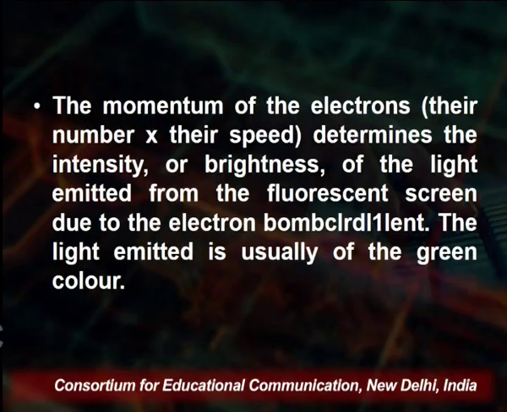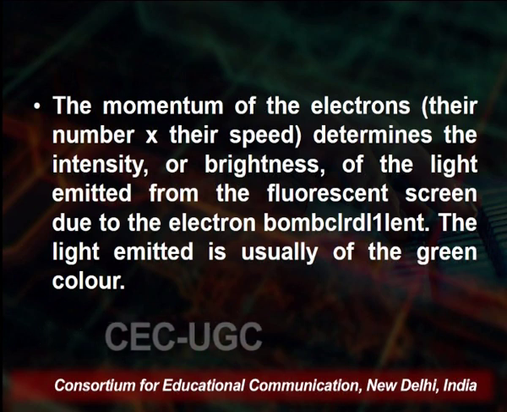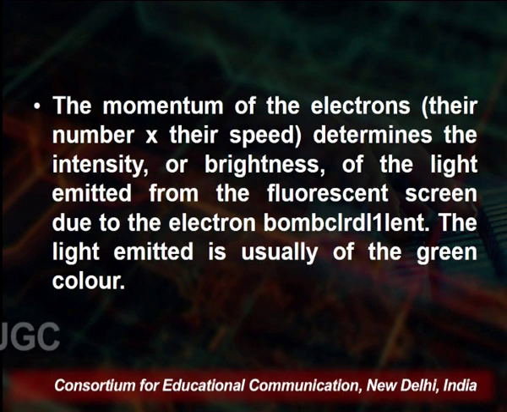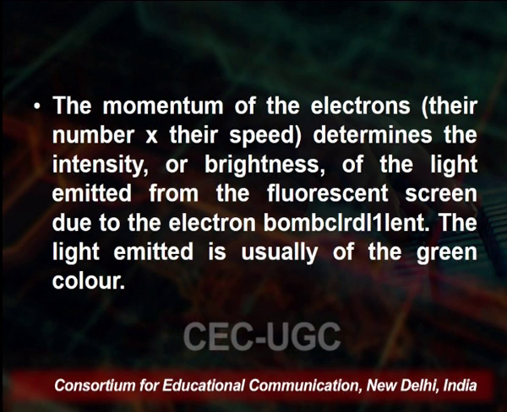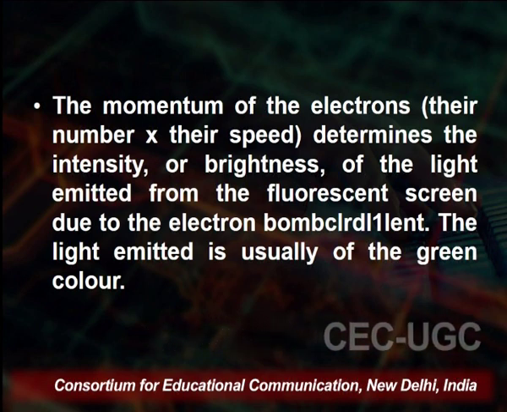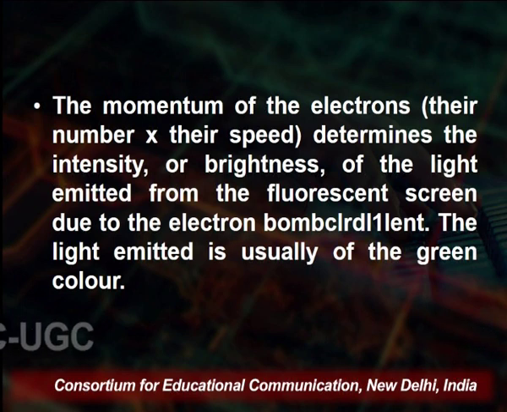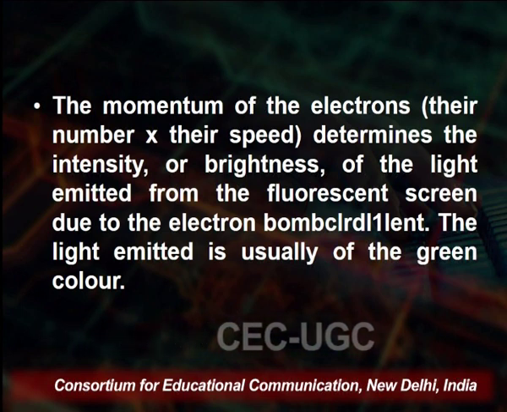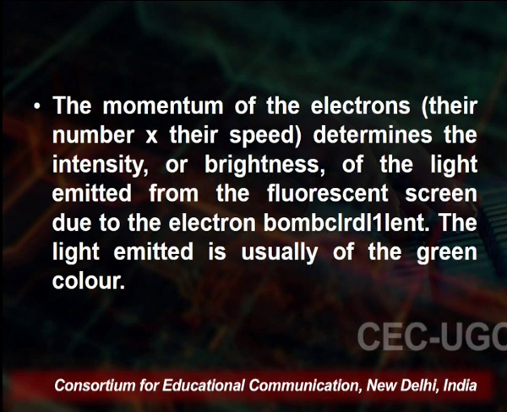The number of electrons and their speed determine the intensity or brightness of the light emitted from the fluorescent screen due to electron bombardment. The light emitted is usually green in color.